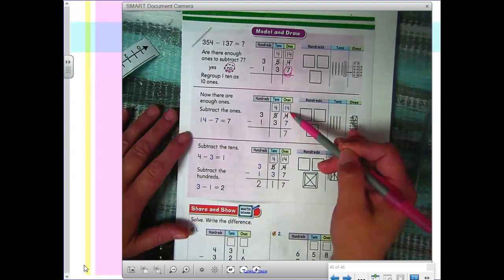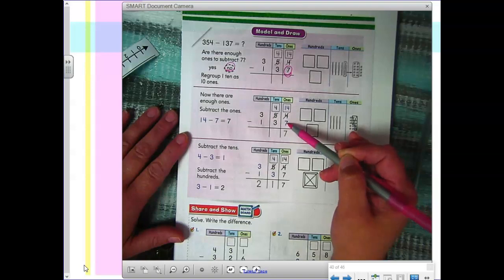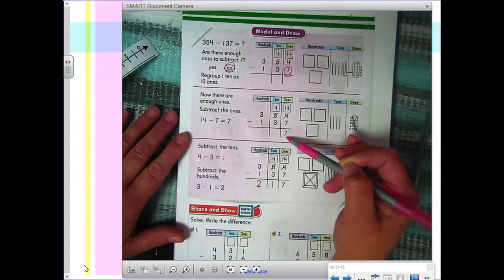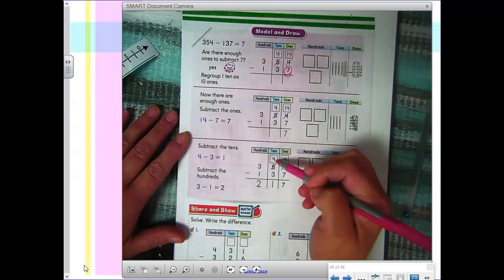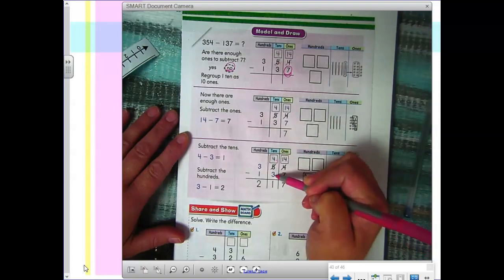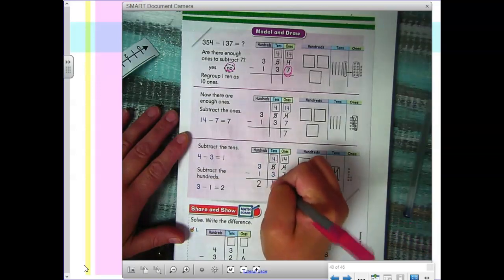Now, step 2, you subtract in your ones place. So 14 minus 7 equals 7. Then you go to your tens place and subtract. 4 minus 3 equals 1.